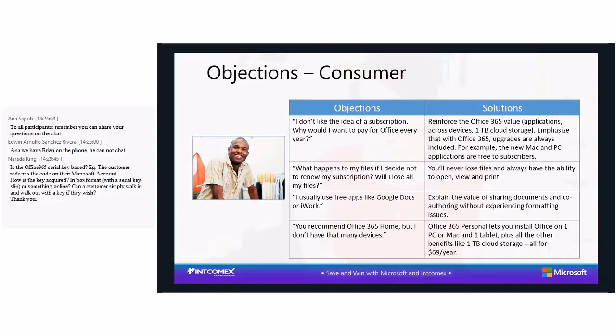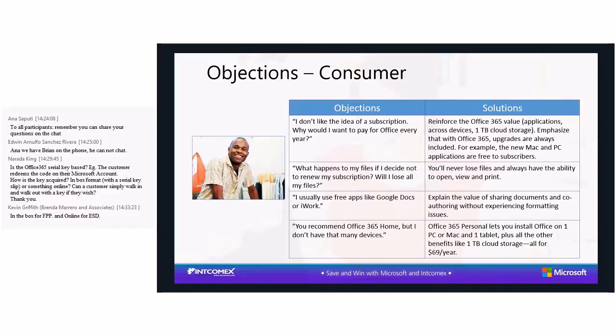So with consumers, one objection: I don't like the idea of a subscription, or I don't want to pay every year for Office. And let me tell you this, guys. If Office 365 only included Word, Excel, PowerPoint, OneNote, or Outlook, I would not pay a subscription for it. But in this case, it's not only the applications.